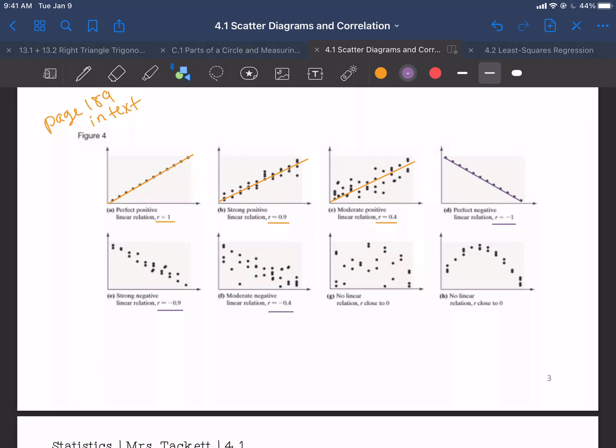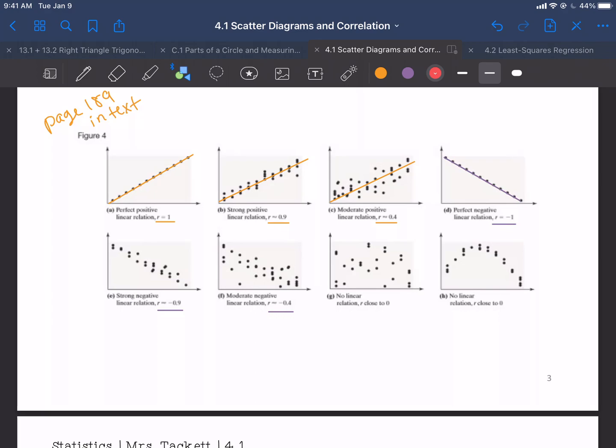So notice the difference between a positive and negative R value is whether, as your explanatory variable is increasing, your response variable is increasing or decreasing. All right, and graph G, there's no linear relationship at all.